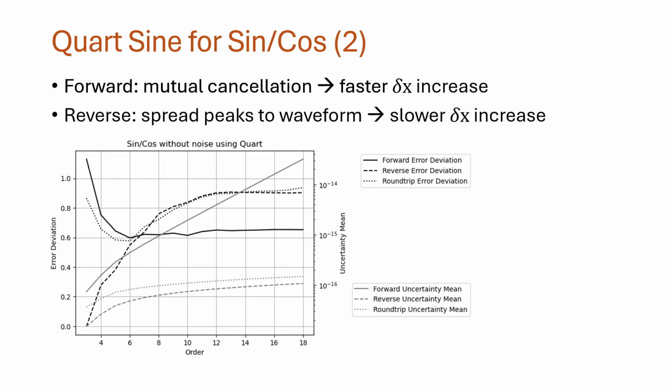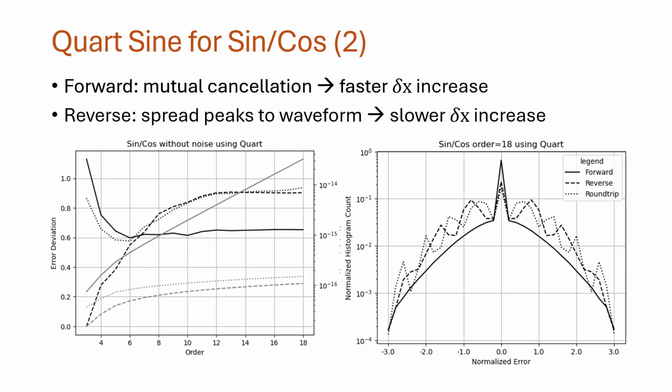Also, the stable error deviation for the forward is about 0.6, while the stable one for the reverse transformation is about 0.9. Both are pretty decent.